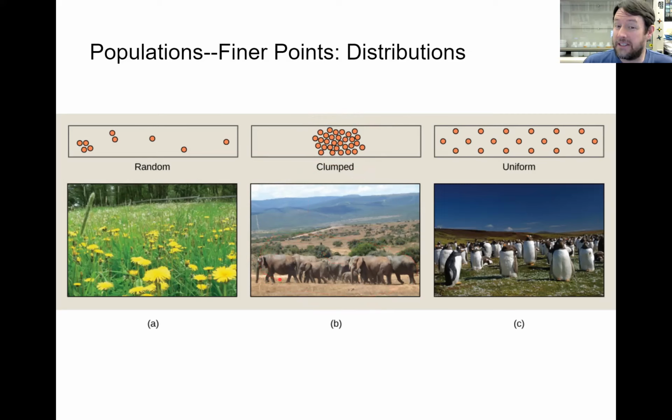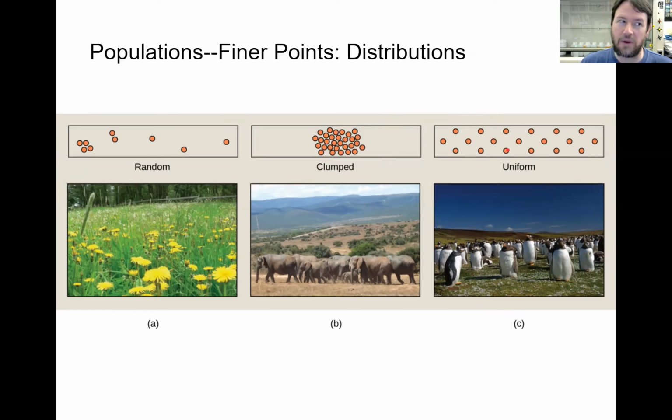Another way we could get a clump distribution is if plants, I'm thinking about mostly acorns, right? The acorn doesn't fall far from the tree. So new oak trees aren't going to be very far from the parental oak trees. And as a result, we could end up with these clump distributions that way. And then the last pattern is a uniform distribution, where there's an equal distance between each individual, right?